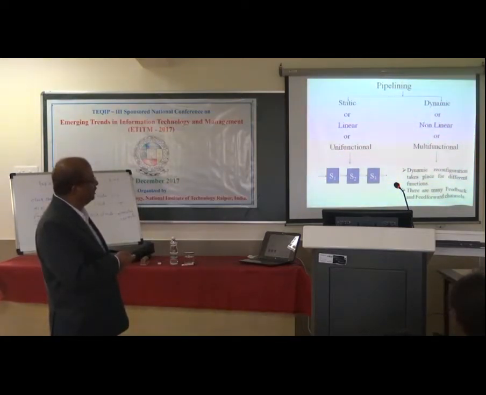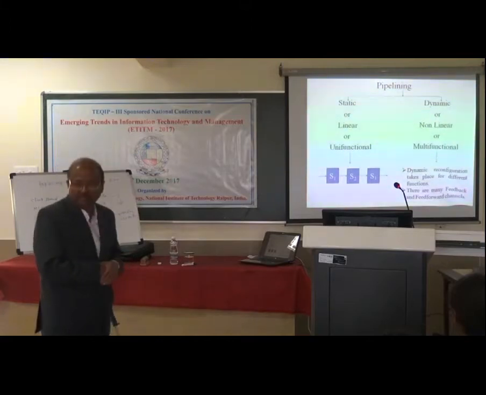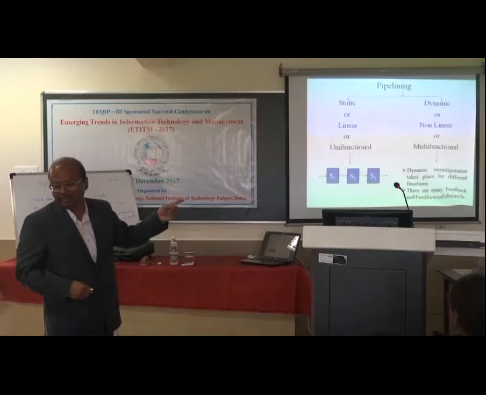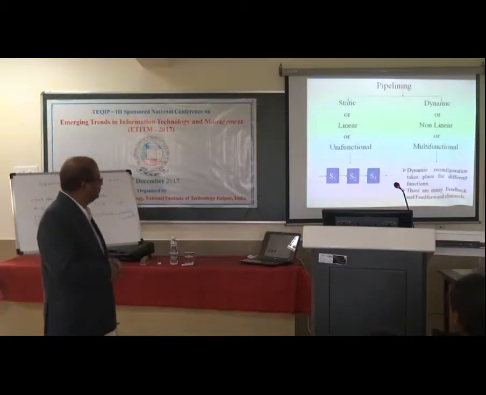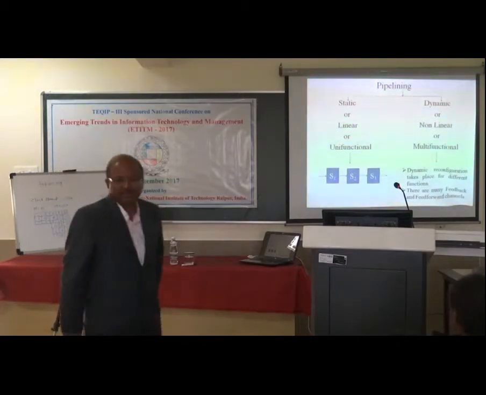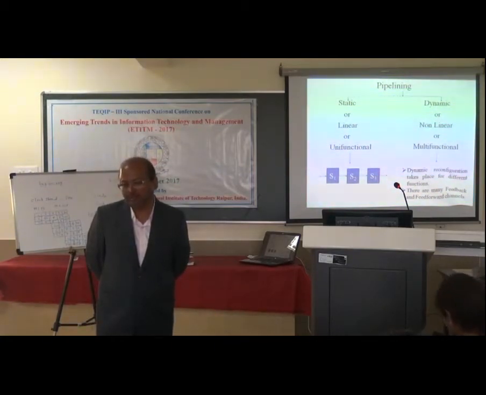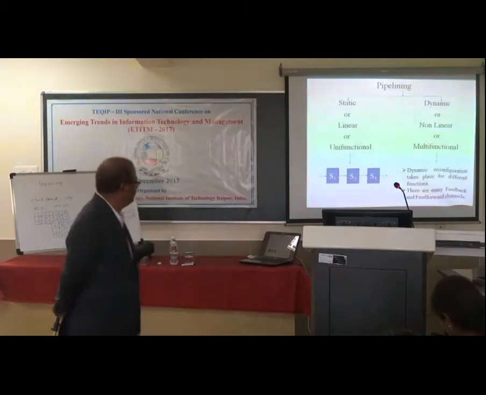Dynamic may be called non-linear or multifunctional, which you had seen in Ramamurthy and Lee classification also. So static pipeline will give only one function as output, but dynamic pipeline is multifunctional. That means multiple functions can be performed. So we will see how.